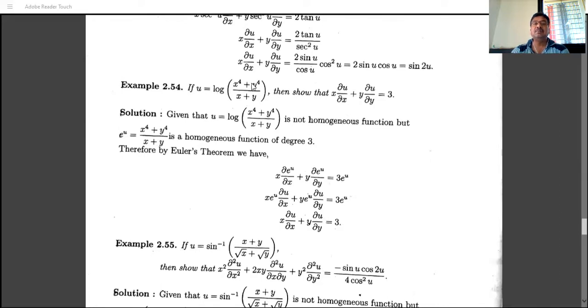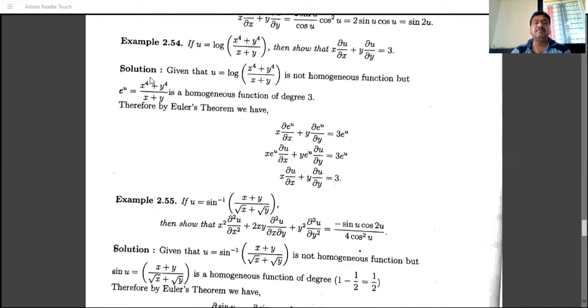u is log of this, and then shift this log to LHS. Then it is e raised to u. If you shift the log, then its inverse is the exponential function e raised to u, or anti-log of u, e raised to u equals (x raised to 4 plus y raised to 4) by (x plus y), and this is obviously degree 3. Degree of numerator is 4, degree of denominator is 1, 4 minus 1 is 3.